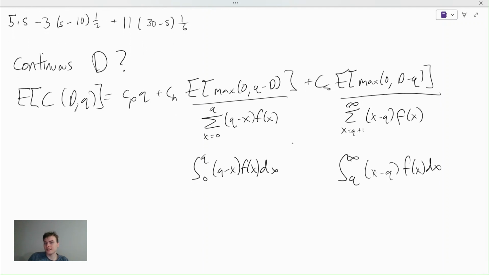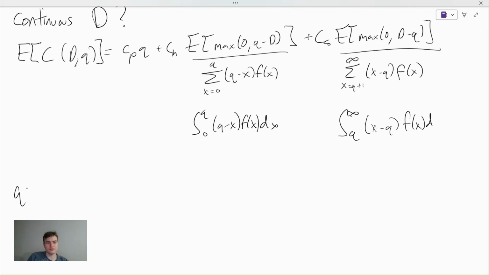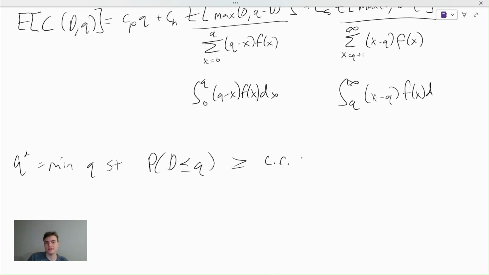So the cost function has changed from summation to integral, but the result does not really change much. Before, Q star was the min Q such that the probability D less than or equal to Q was greater than our critical ratio, which was CS minus CP over CS plus CH.